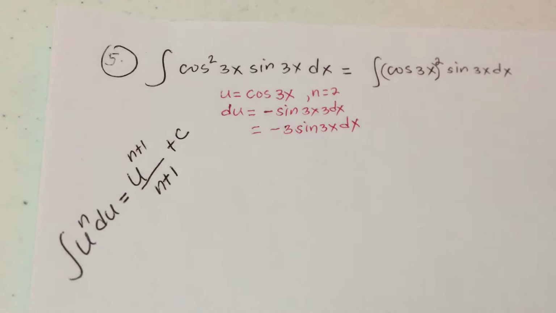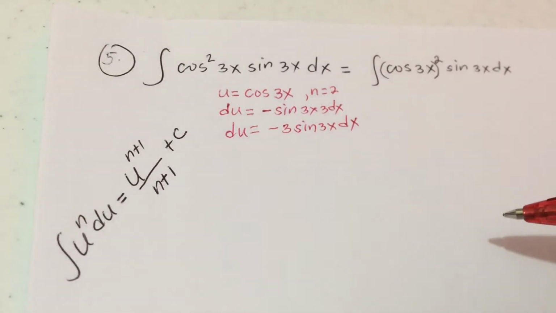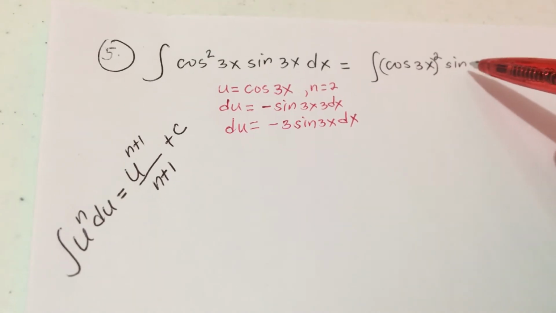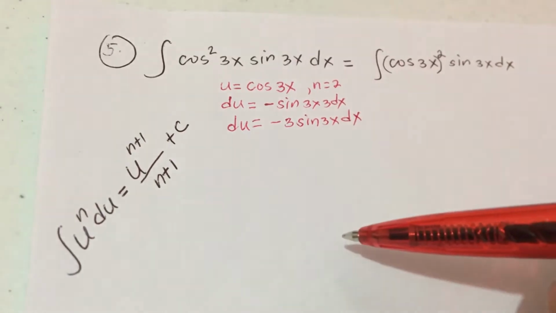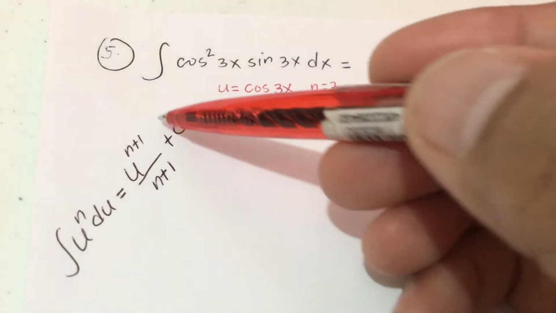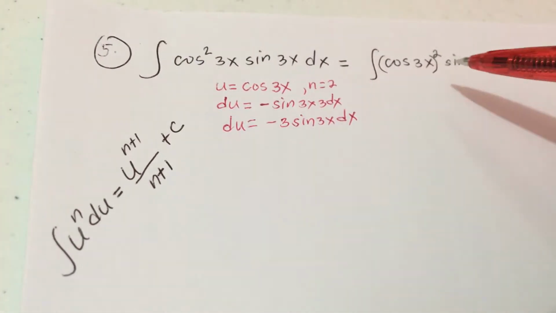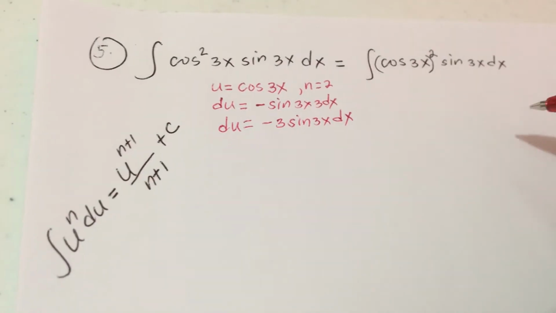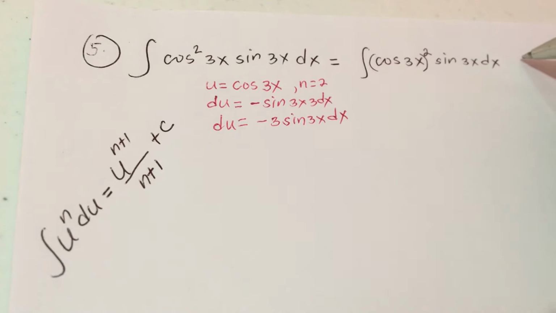If we compare this du to the given du, our given du is not a perfect du. There's a missing, or lacking, minus 3. So in order for us to apply this formula, we need a perfect du. So to do that, we have to balance.